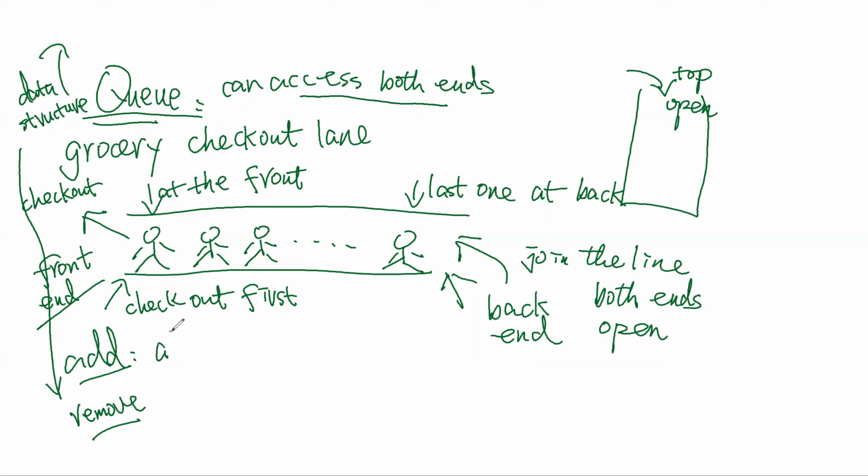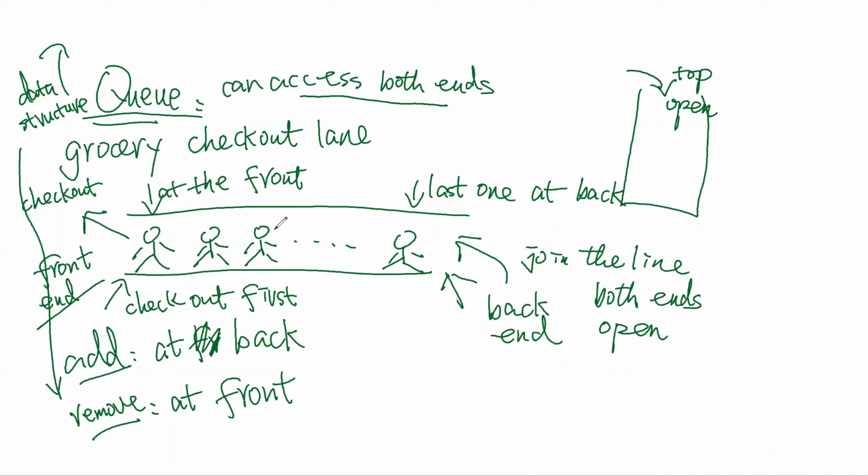We add at back. When we do remove, like you check out and leave the line, where do we remove? At front. So you add at back, but you remove at front.